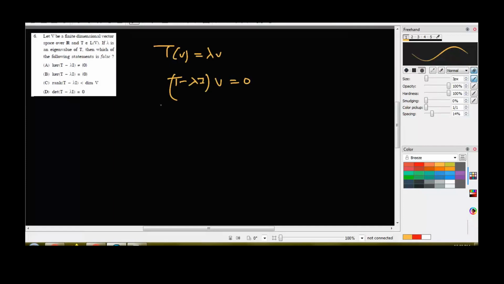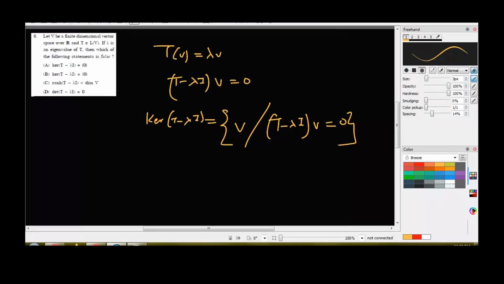And this is nothing but, if we go for the kernel of T minus lambda I, this kernel would be all those vectors where (T minus lambda I) of that vector is equal to 0. So since there exists a vector v for which the eigenvalue is lambda, this particular set will surely have some vectors. So this set will not be 0.